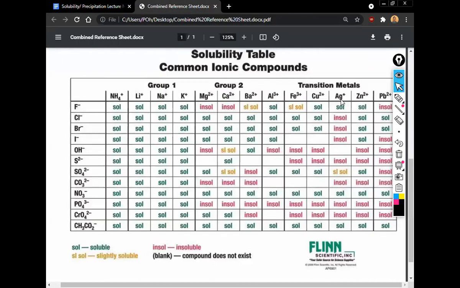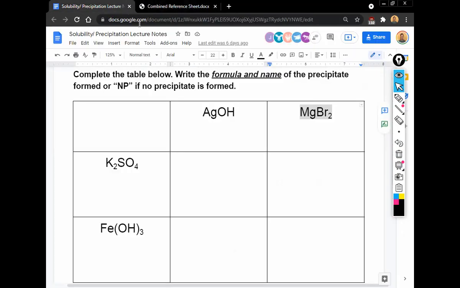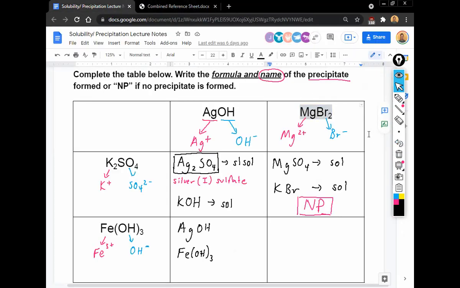If we look at Ag and OH, you'll notice the box is blank. So what does it mean if the box is blank? It means the compound does not exist. If the compound does not exist, that means it cannot form a precipitate. So for AgOH, we can just write no compound.